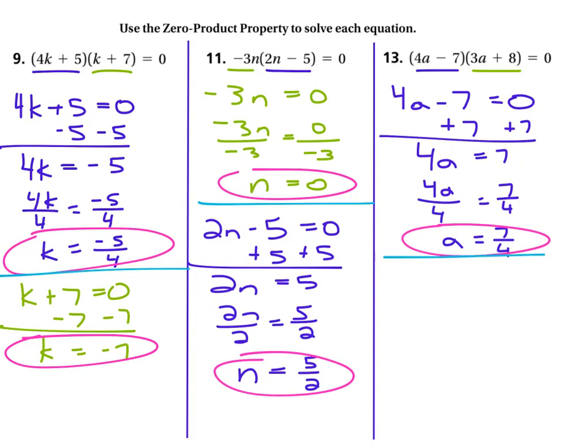Let's do it for the other expression. 3a plus 8 might have been the thing that was equal to 0. That would turn the whole thing 0 when you multiply the two things together. Let's solve for the a value that would make that expression be equal to 0.